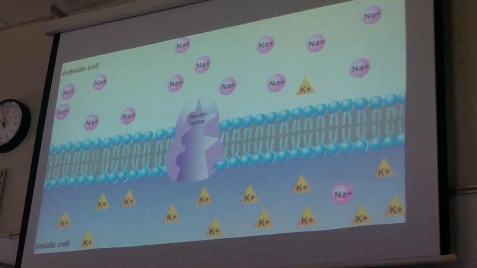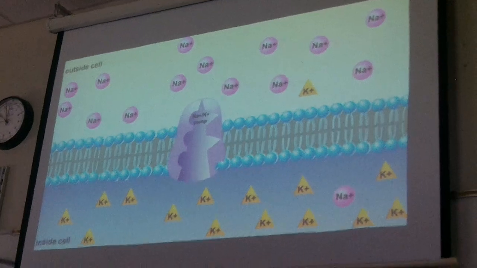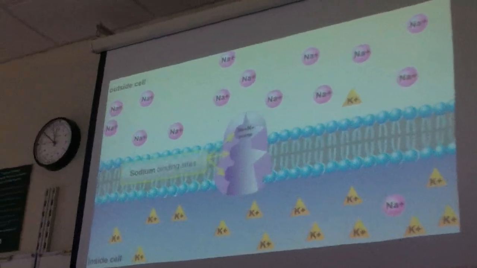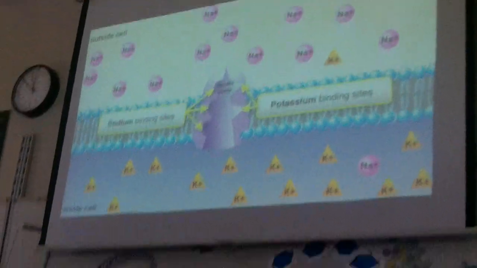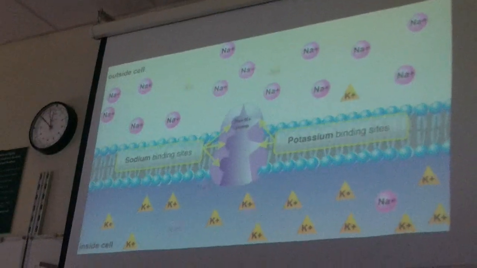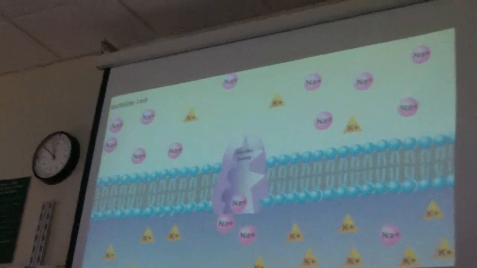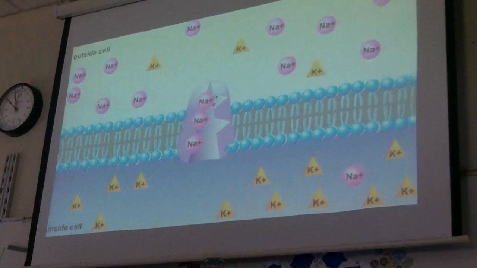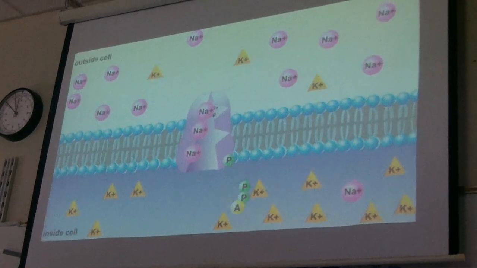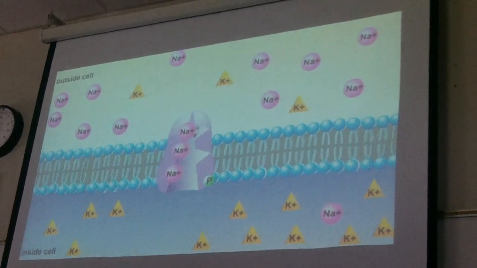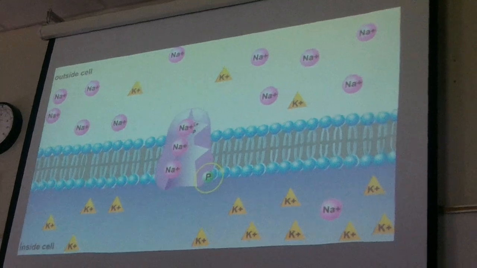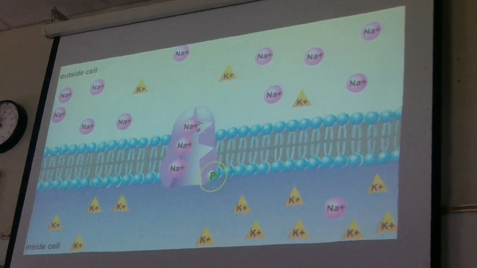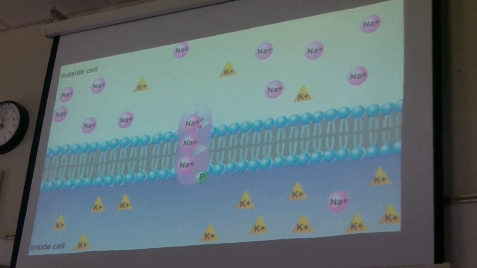Let's take a closer look at how this happens. The sodium-potassium pump has binding sites with 3 sodium and 2 potassium ions. Let's follow the movement of the sodium ions first. After 3 sodium ions are positioned within the carrier protein, an ATP molecule is split, releasing phosphate. This phosphate binds to a location on the exterior of the carrier protein, causing the protein to change shape.